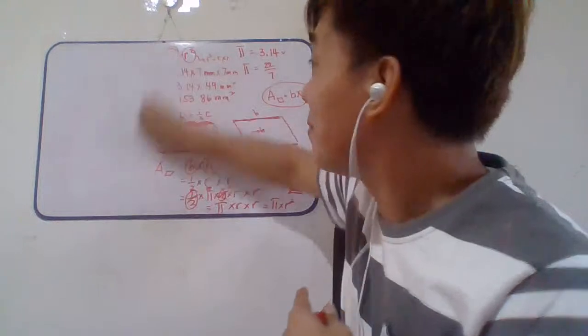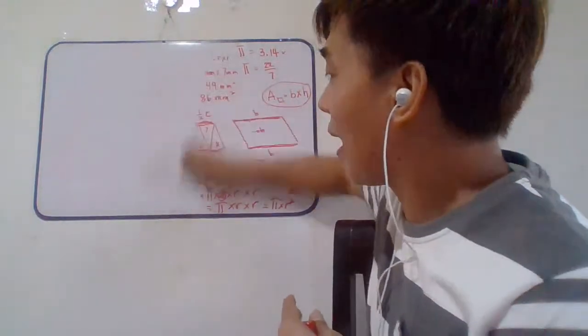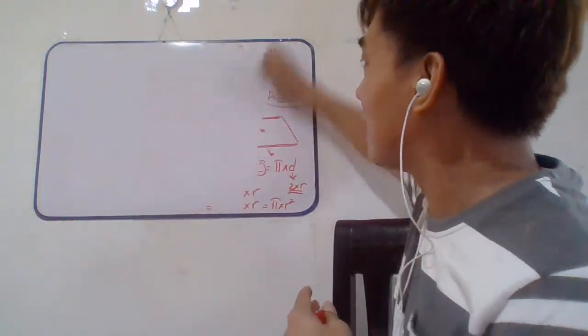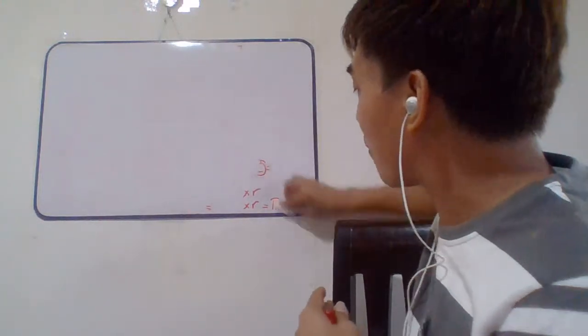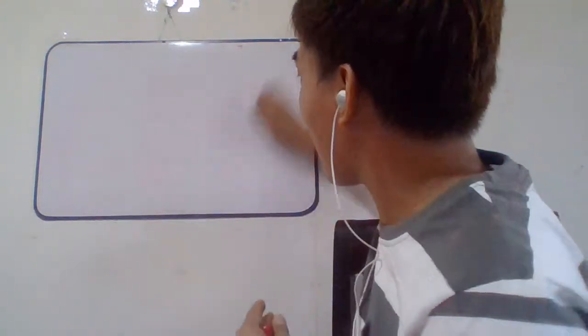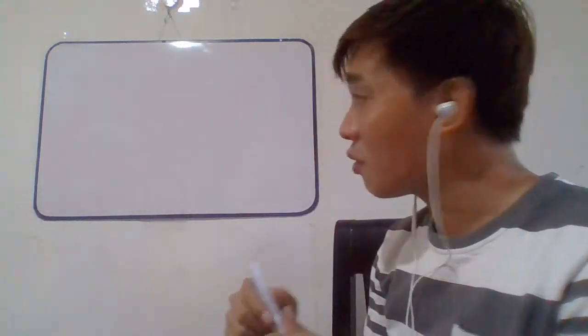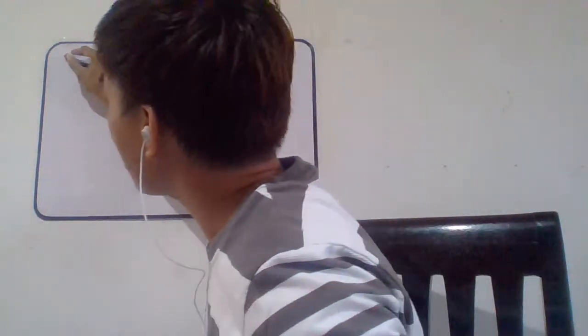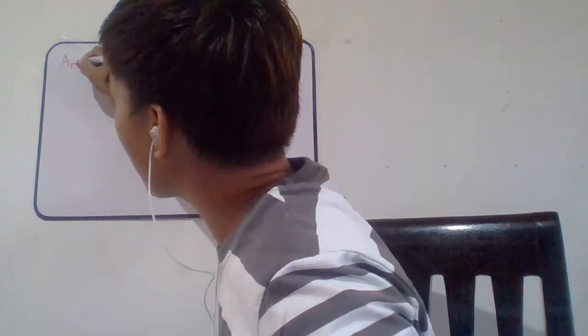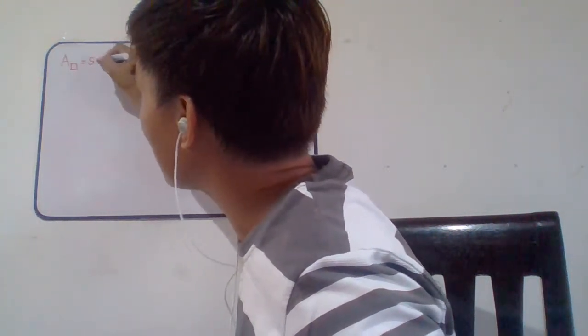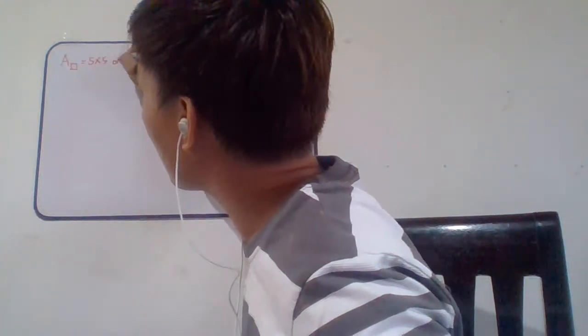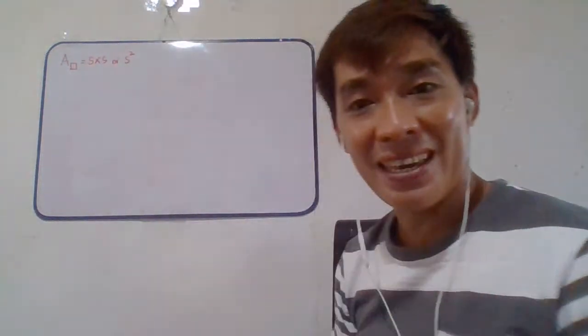After the 28 minutes live, I already discussed with you the different formulas for the area, because we will need that. That's very basic. So once again, let's review. The area of the square is always equal to side times side, or side squared.